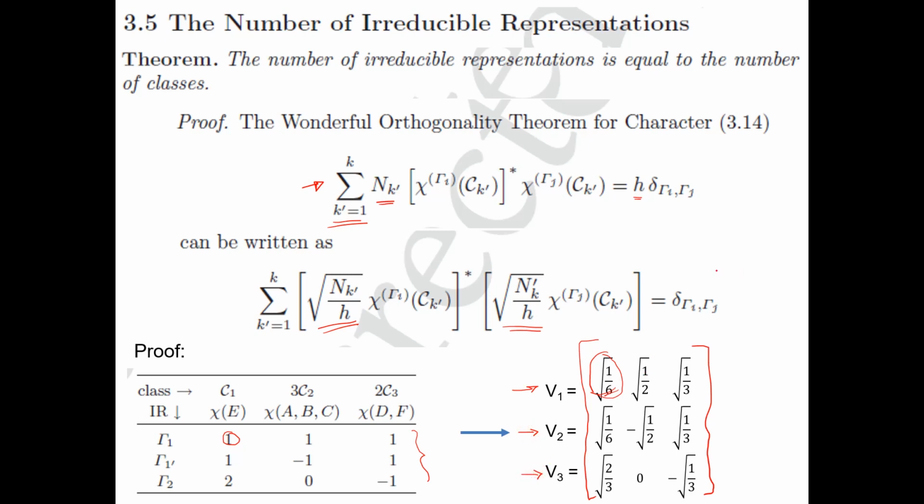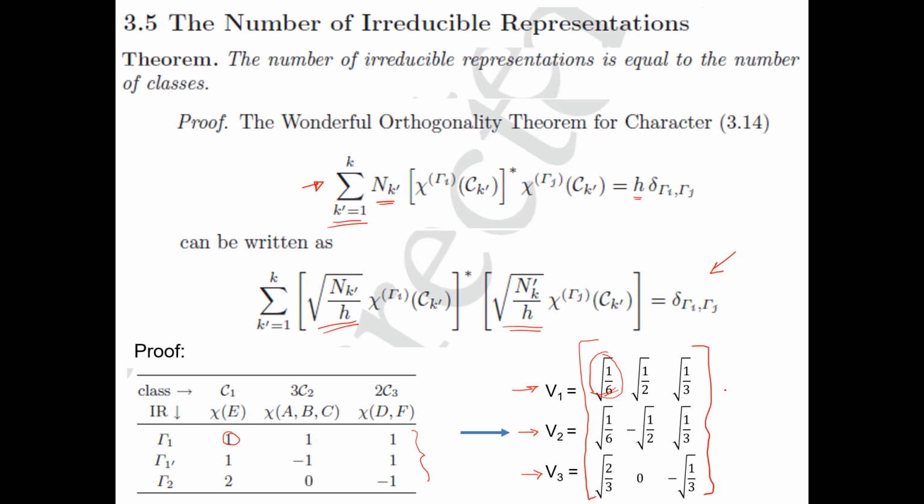And what this equation means is essentially an orthogonality relation, or better, an orthonormality relation between these 3 vectors. This basically means that v1 is orthogonal to v2, v1 is orthogonal to v3, v2 is orthogonal to v3, and they are normalized. The norm of each vector is 1. Okay, this is what this equation means.